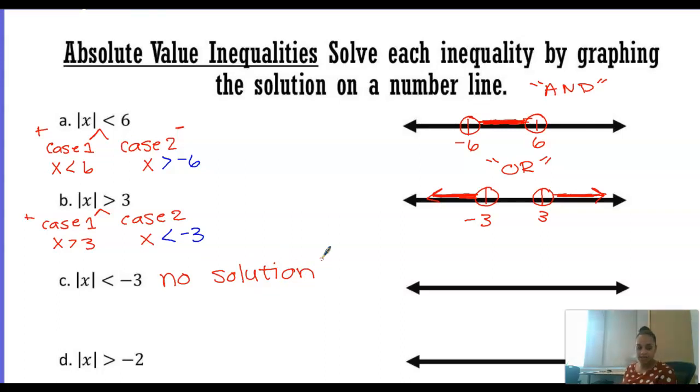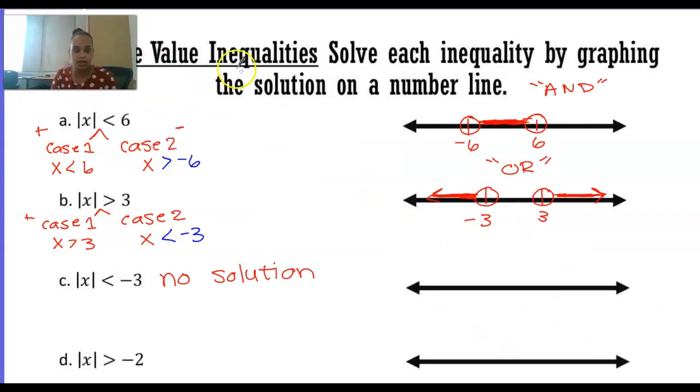For letter D, let's see what happens. The absolute value of X is greater than negative 2. That is something that is definitely possible. We can have an absolute value that's greater than a negative number. So let's see how that would work out. Let's take our two cases. For case 1, our positive case, I would say X is greater than negative 2.